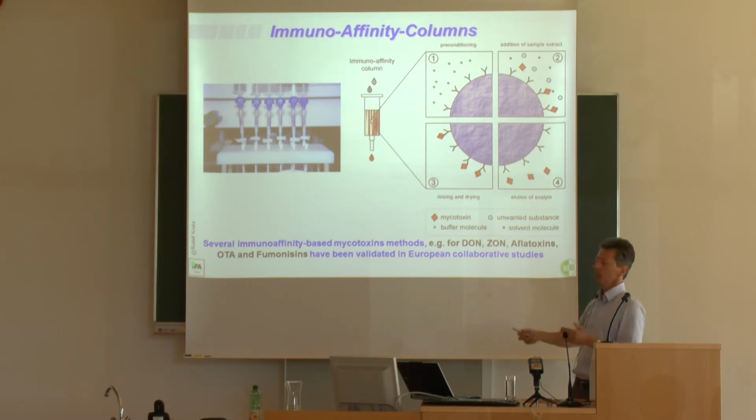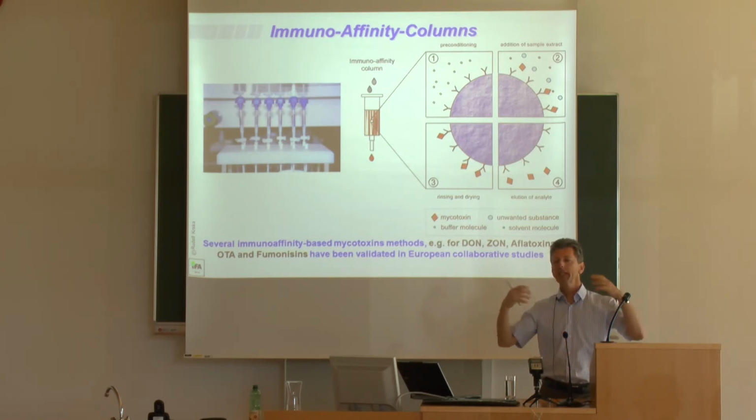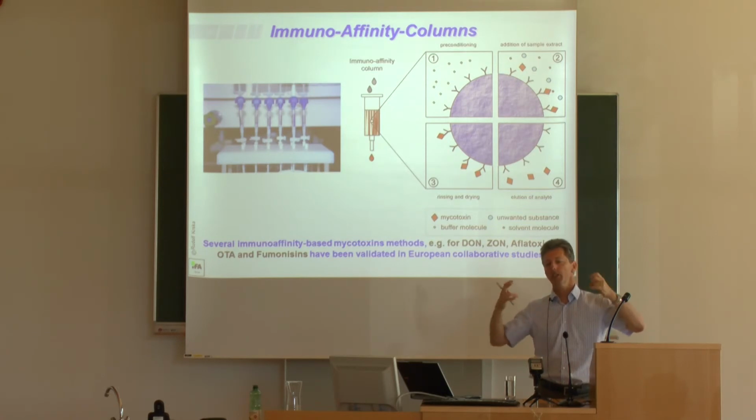Finally, usually by addition of a pure organic solvent such as acetonitrile, you denature the antibody, destroying its three-dimensional structure. It releases the mycotoxin again, and you can find it in the elution solvent.